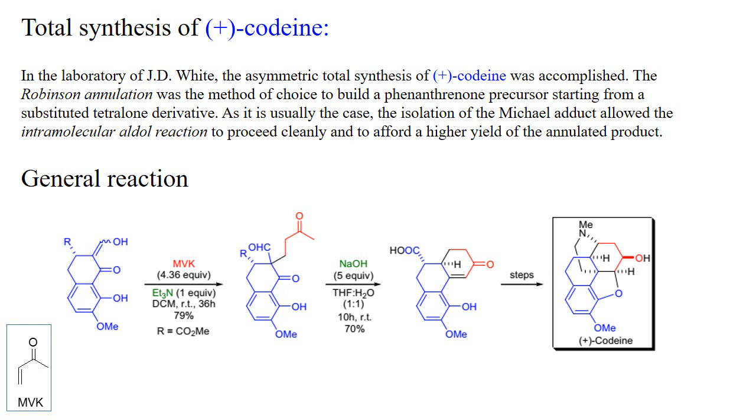That beta hydroxy cyclic ketone upon dehydration gives us this cyclohexenone ring system, and this is the intermediate which is required for the synthesis of codeine.